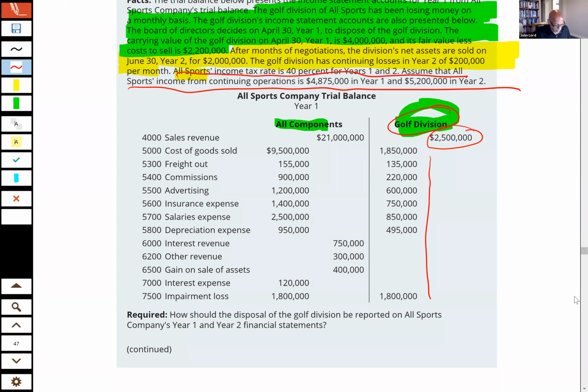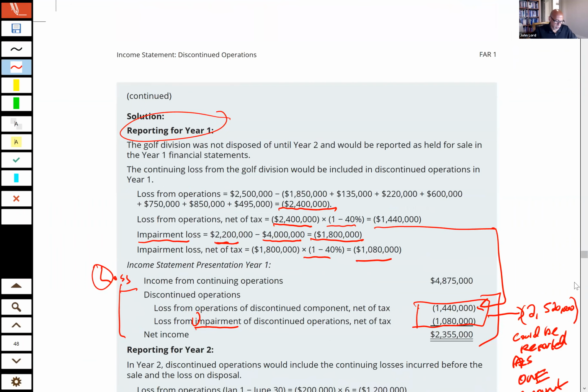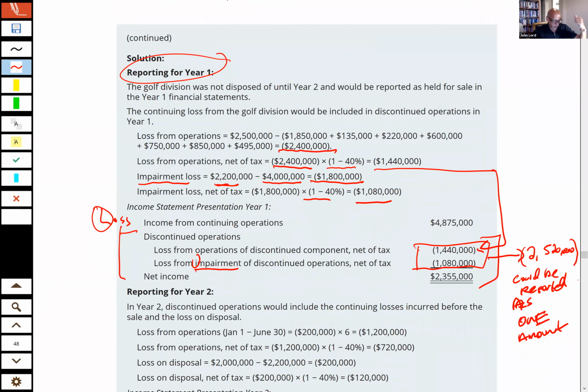But the important takeaway here is that the entire results of the operation for the entire year are down in the discontinued operations section, so that users can look at that. It's everything they lost for the year. It's the loss from the operation, which I presume they must have depreciated up till April 30th, and they don't make you reverse that out.